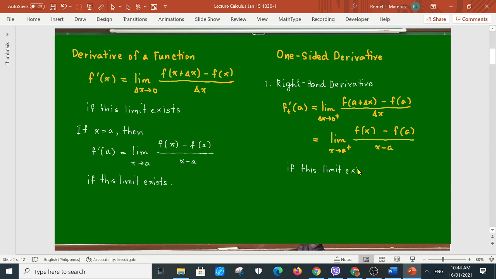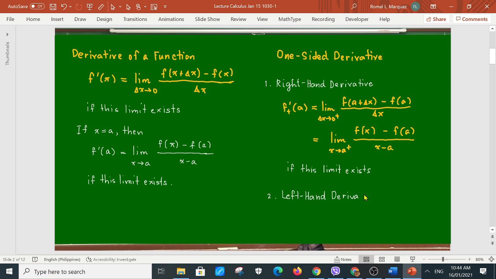And number 2, we have the left-hand derivative, the derivative from the left.